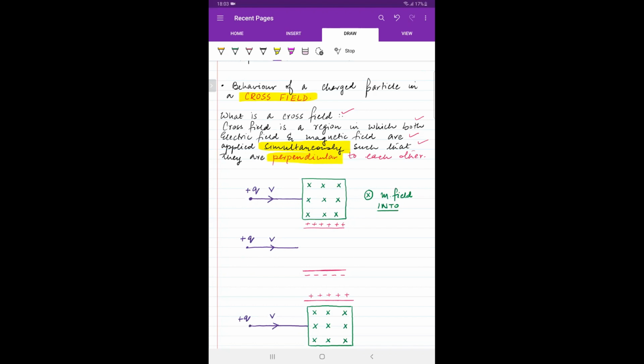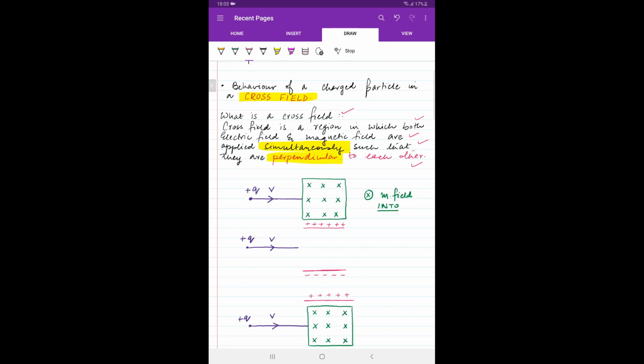Okay, so the term cross field refers to a region in which both electric and magnetic fields are simultaneously applied in a manner such that both the fields are mutually perpendicular to each other.